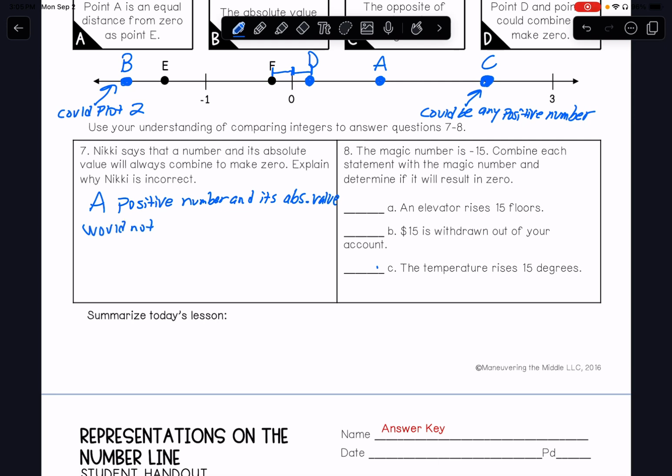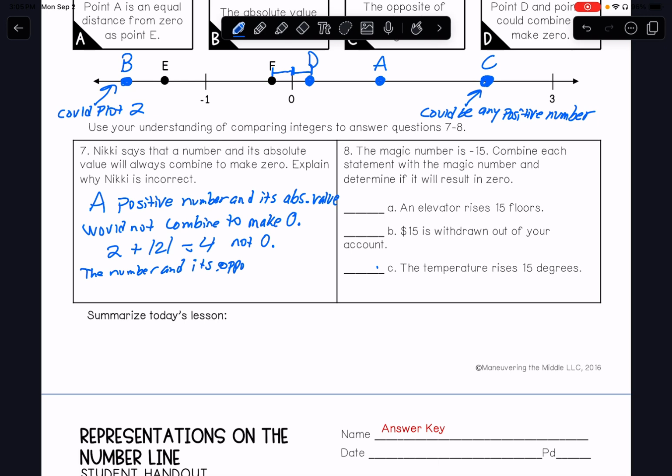Not 0. But we do know a number and its opposite will always result in a sum of 0. An example of that would be 4 plus -4 equals 0.